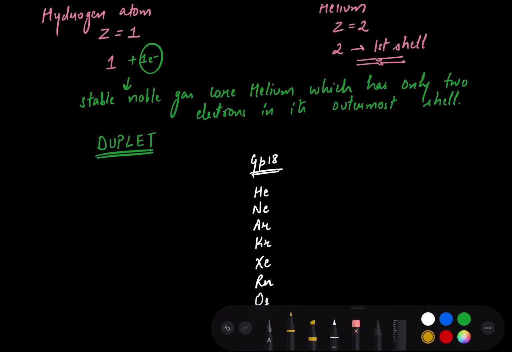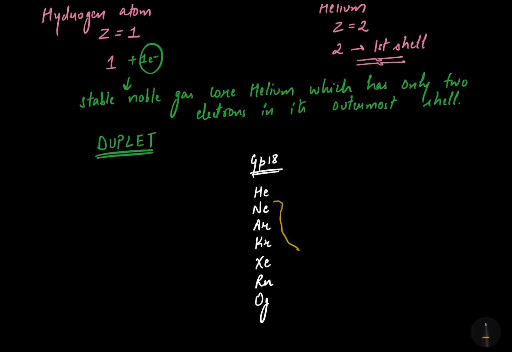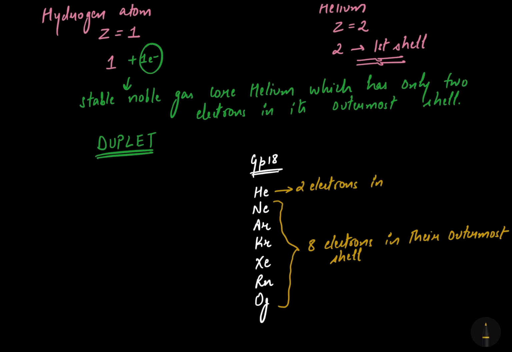Now all the noble gases have the core of 8 electrons in their outermost shell. So every element wants to achieve only 8 electrons. That's why we are talking about octet. But only for hydrogen, we talk about the duplet because helium has only 2 electrons in its outermost shell.